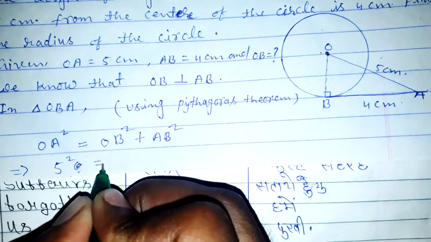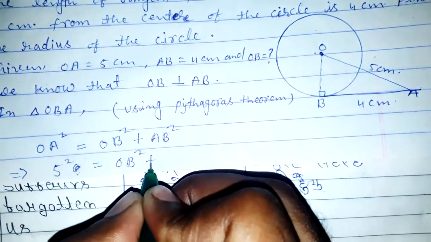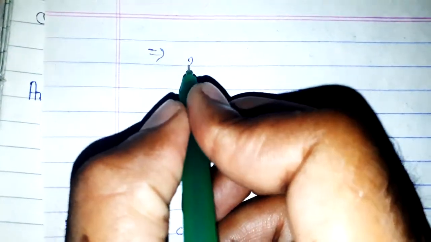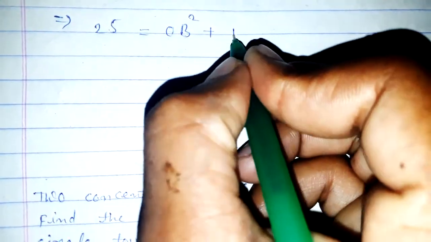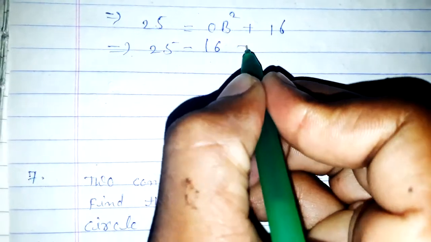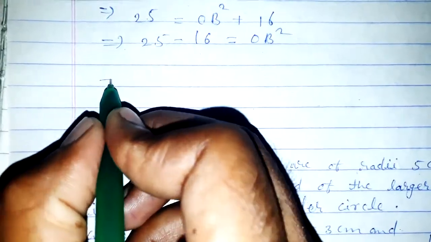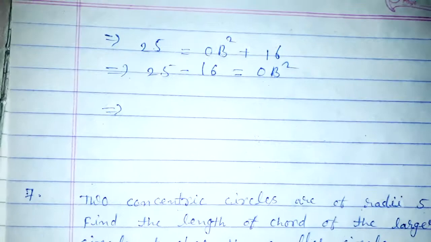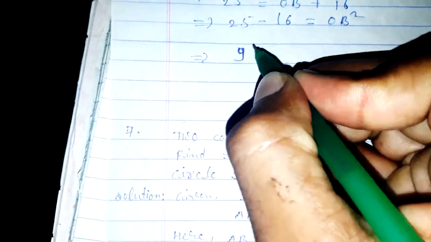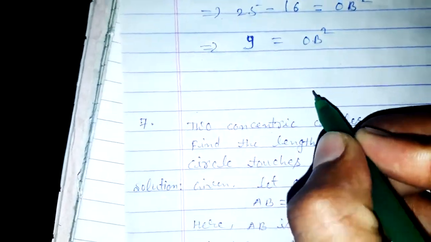So 5 square is equal to OB square plus 4 square. That implies 25 is OB square plus 16. So 25 minus 16 is equal to OB square, which gives 9 is equal to OB square.